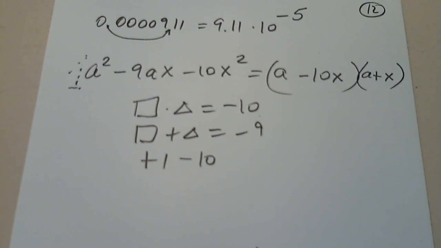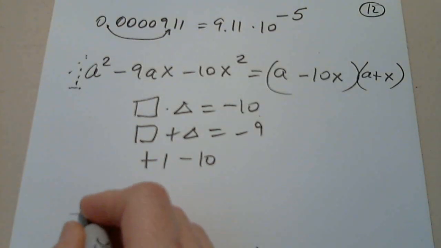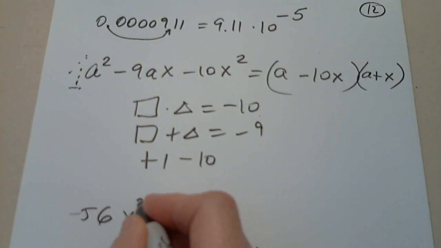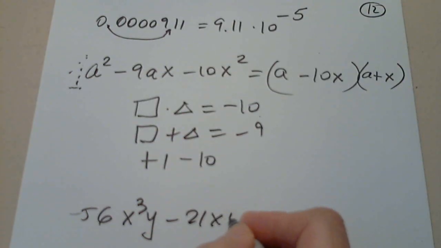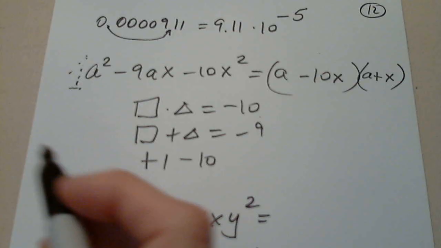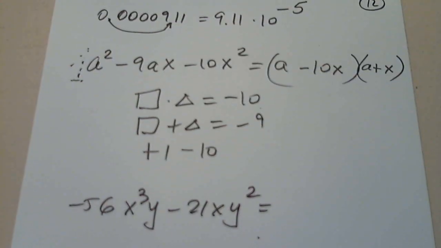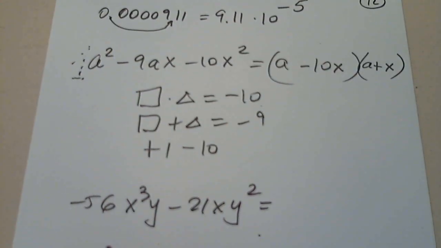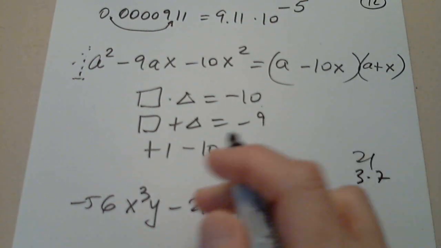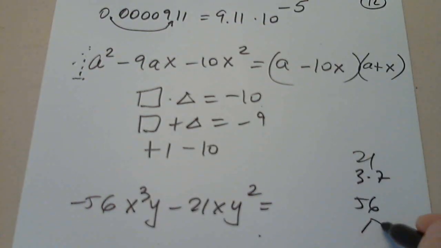So I'm sorry, did we say we want to work on this one or not? You go over this one as well, please. Sure. Negative 56x to the third y minus 21xy squared. So first of all, we have to factor out the greatest common factor and the negative leading coefficient. So 21 is 3 and 7. 56 is 7 times 8.